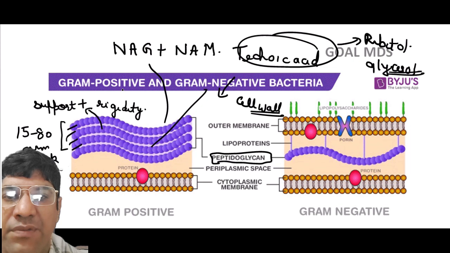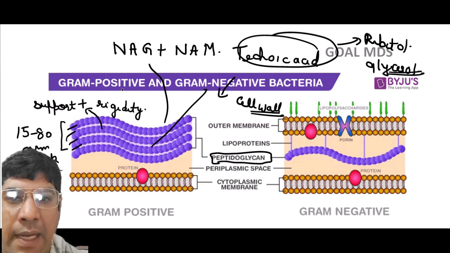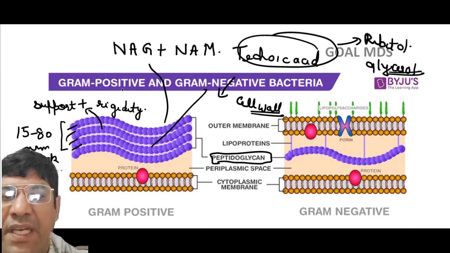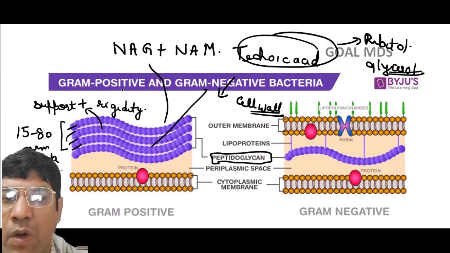The composition of the cell wall in the gram-positive bacteria differs from the gram-negative bacteria. First, the gram-positive have a thick peptidoglycan layer, and second, they have a significant amount of teichoic acid that contributes to overall structure and antigenic property.